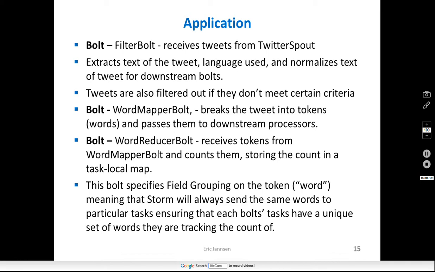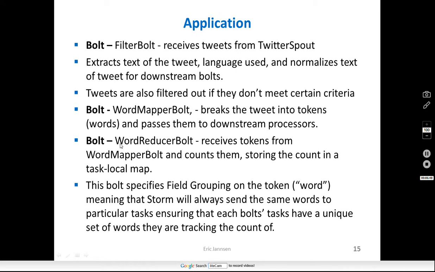Now, I could have just written out all the stuff being stored in those maps, but I decided to pass the current word and its latest count down to another aggregating bolt, which I'll get to in a second.